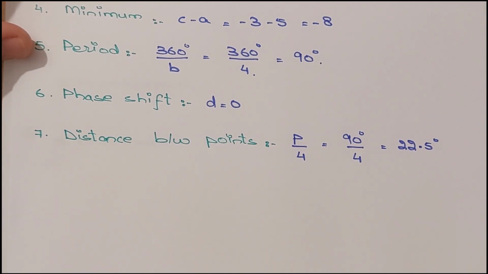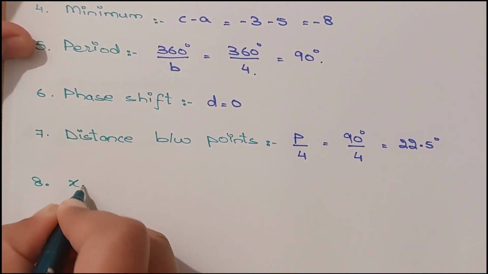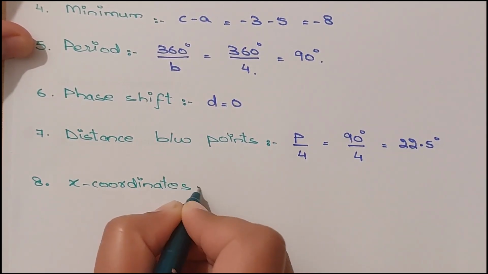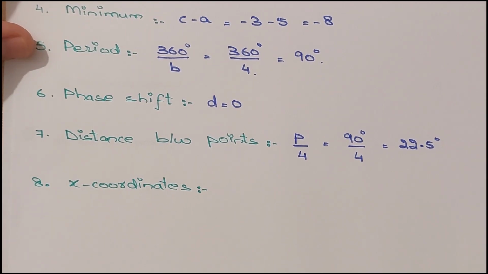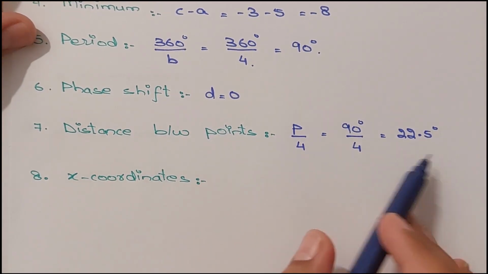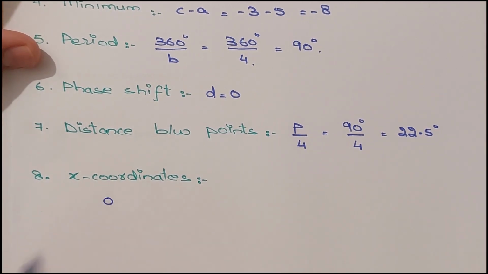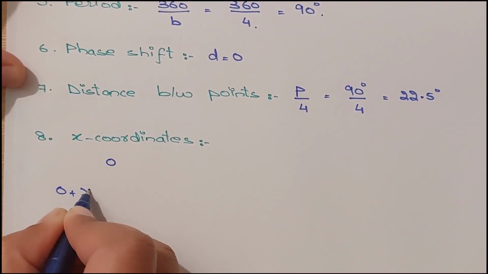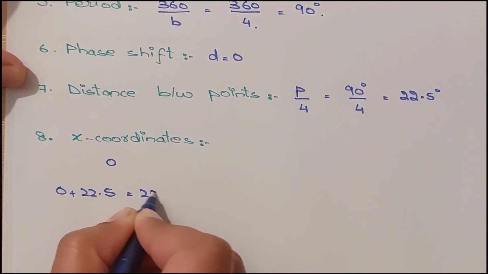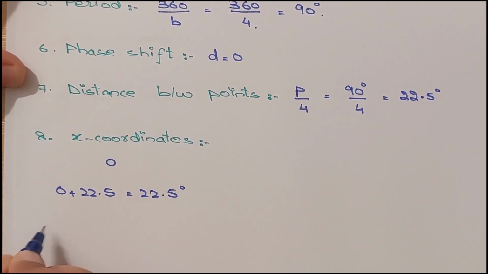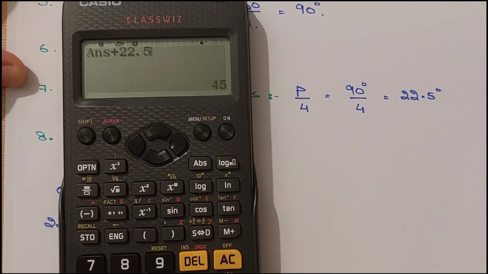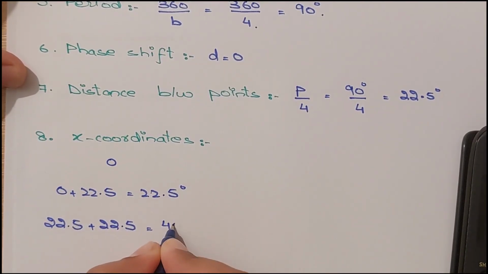Now let me find the x coordinates, number 8. Keep in mind the x coordinates always start with the phase shift and then add the distance between points each time. So the first x coordinate is 0, the phase shift, and then add the distance between points. So 0 plus 22.5, the next is 22.5 degrees, right? Then 22.5 plus 22.5 is 45, the next point.